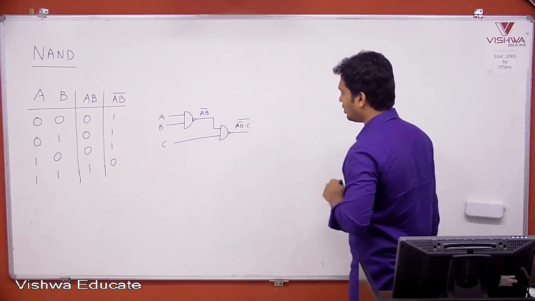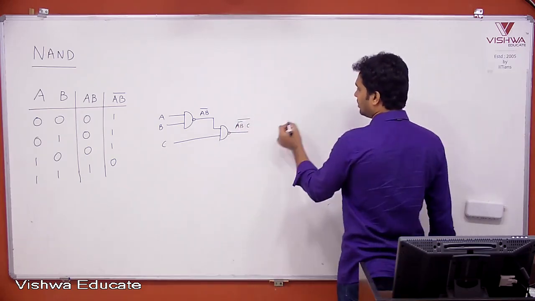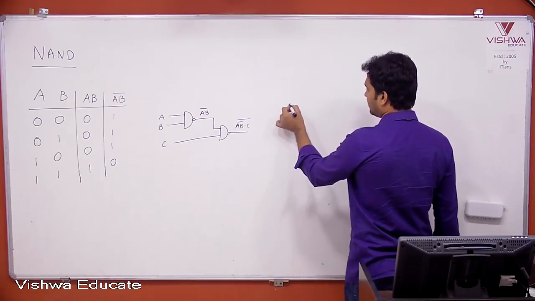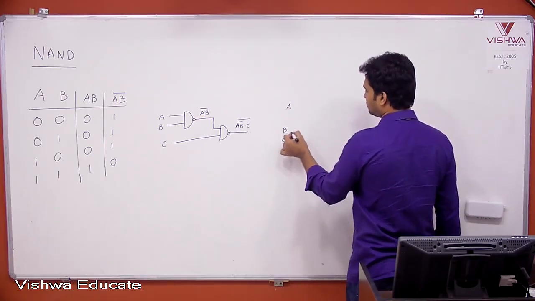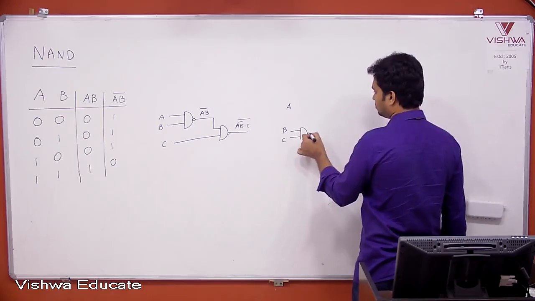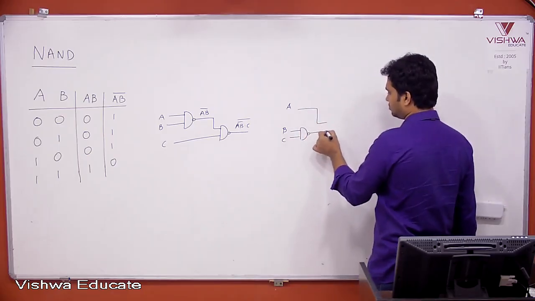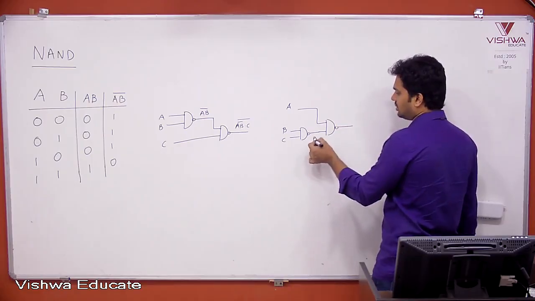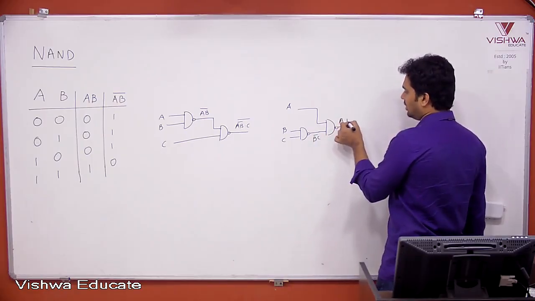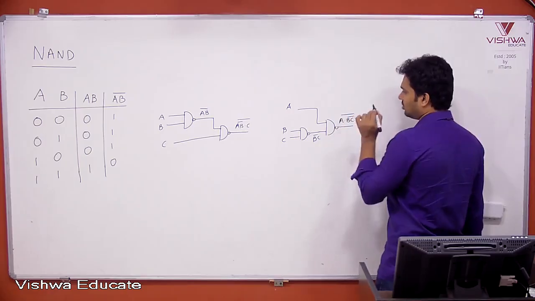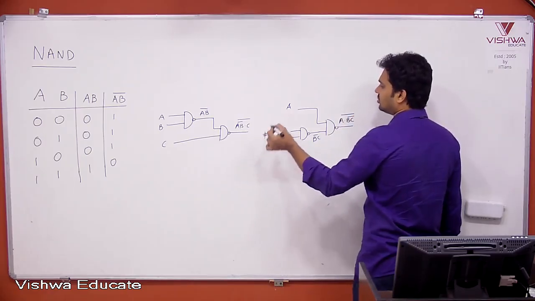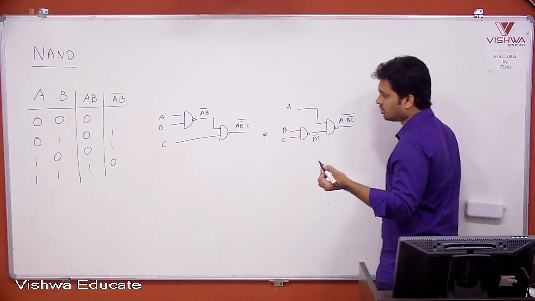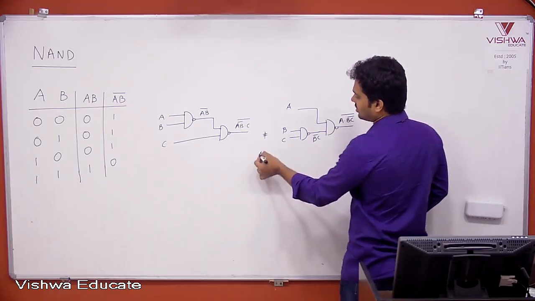Right? Now, the same, I take BC first. Now what is the answer? A into BC whole bar, whole bar. You can understand both are not the same. So here NAND is not associative.